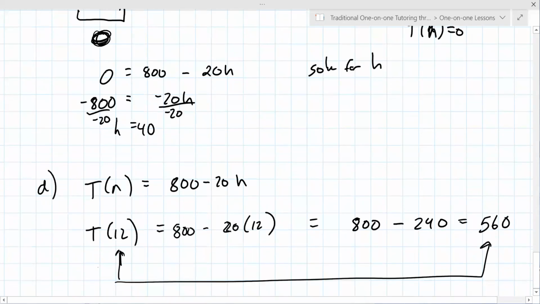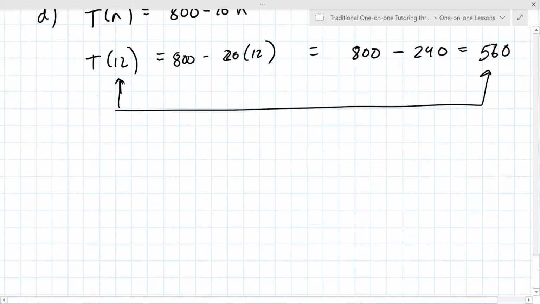After 12 hours, 560 donuts were sold. No, that's not right. That's how many remain. Oh my gosh. Okay. With 12 hours of being open, the store still has 560 donuts. Yes. Try not to add extra words or introduce things into this problem that just aren't happening. Don't make it your English essay.